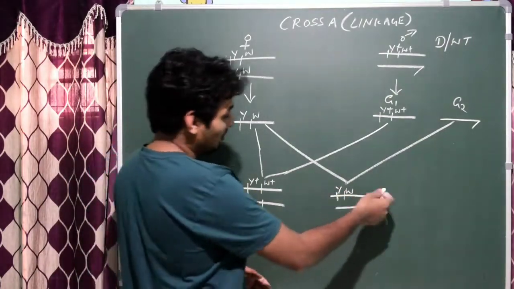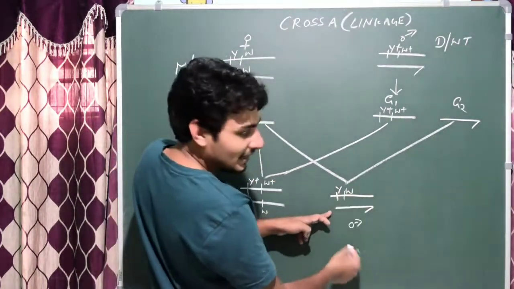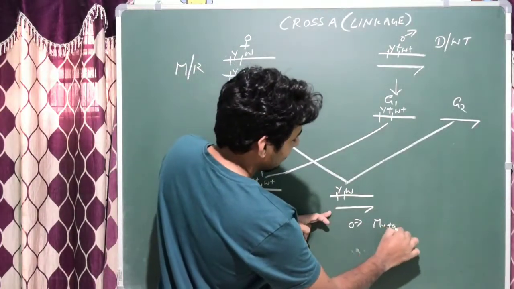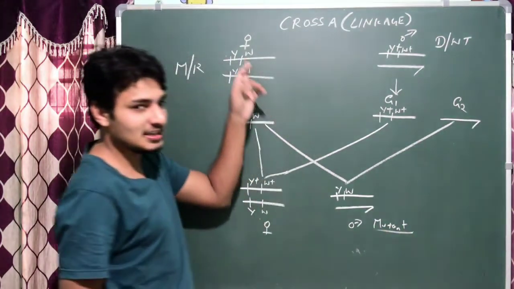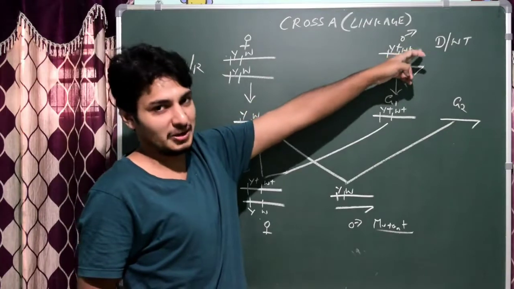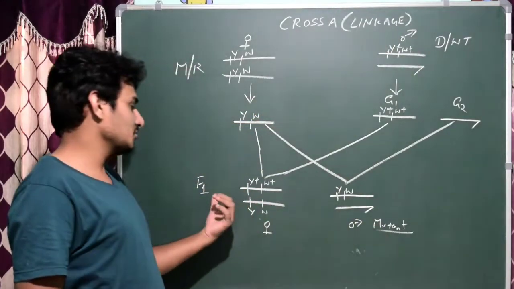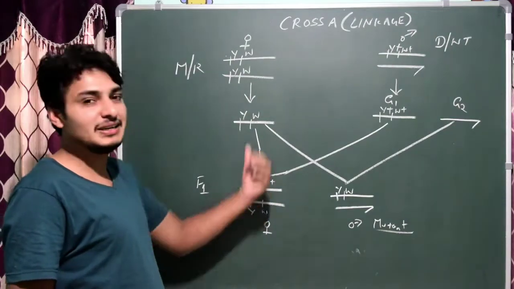So this is a male now, but see here, now the male is mutant, correct? In the parent, the female is mutant and the male is wild type, but in this case the male becomes mutant, whereas the female offspring will be wild type.